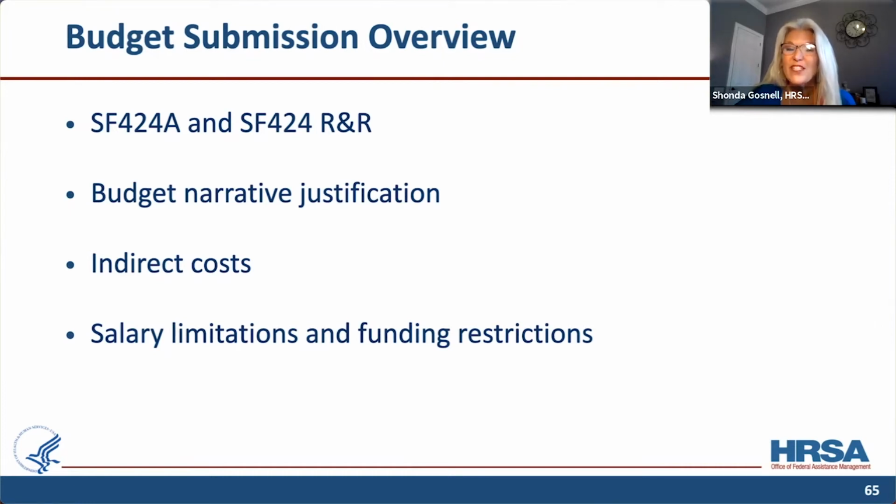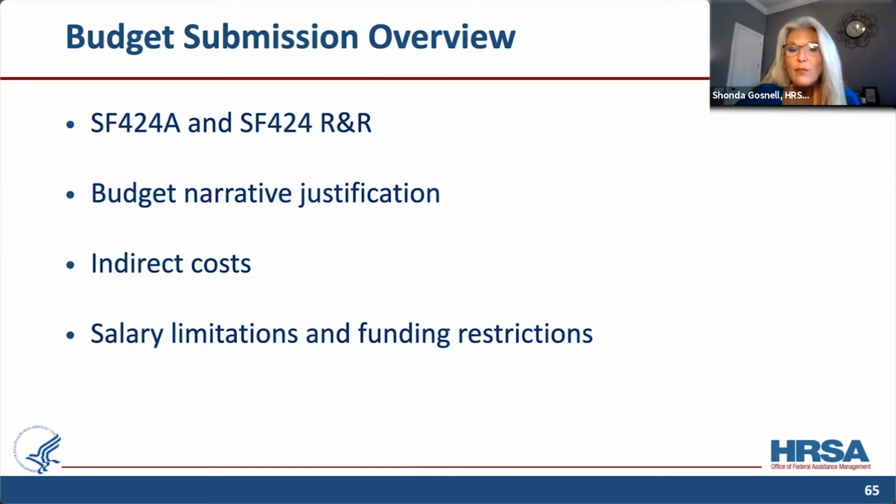It's required that a budget narrative justification be submitted with the application for each year of the project. That's important to remember because a lot of people will see that, but they'll only submit 1 year of budget justification, and that doesn't always give the application a complete picture.